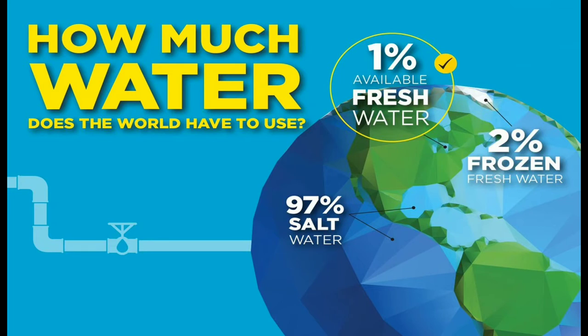But this 71% of water is again further divided: 97% is salt water, 2% is frozen fresh water in the form of ice glaciers, and only 1% is available for drinking purposes.